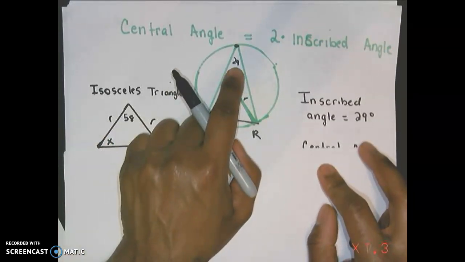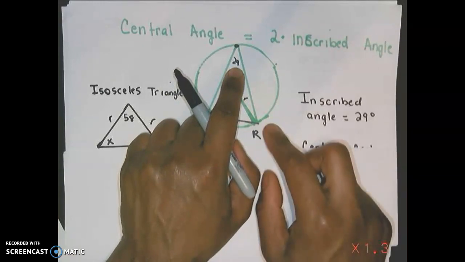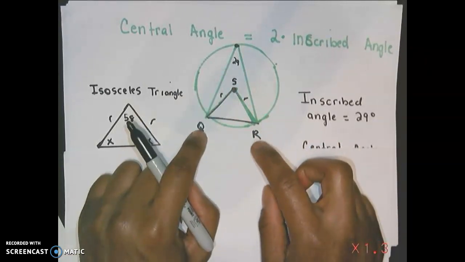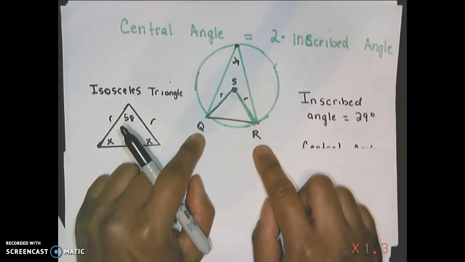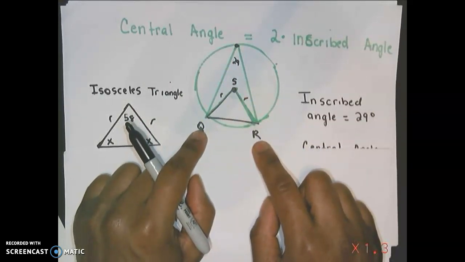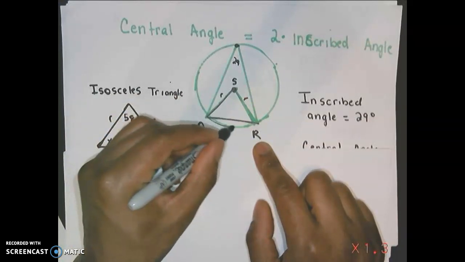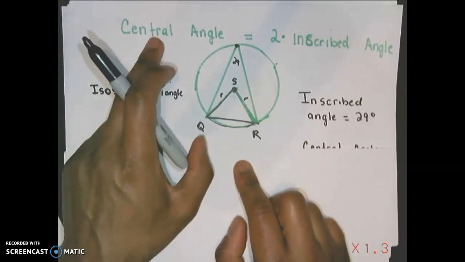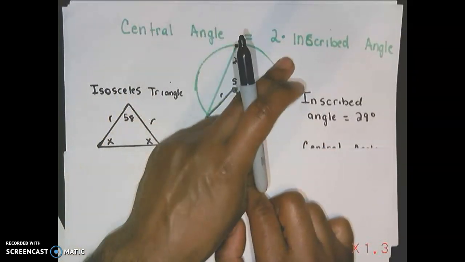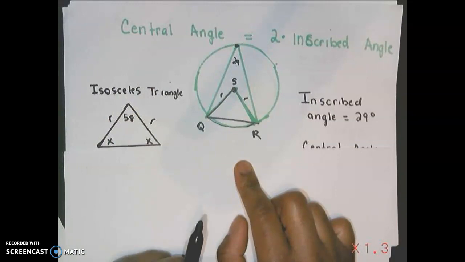Well, if I have the inscribed angle, it intersects the arc QR, and then I have the central angle, it intersects the arc QR too. That's this arc right here. So if we have this relationship, the central angle is equal to 2 times the inscribed angle.